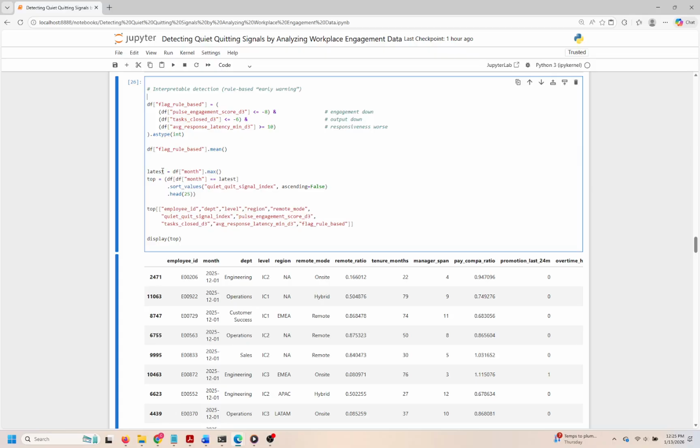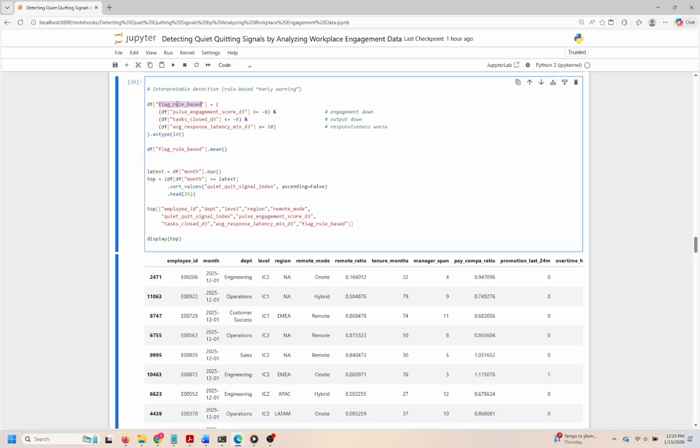Cell 8. In this cell, we're setting up a rule-based system to flag potential early warning signs of employee disengagement, which is vital for organizations aiming to maintain a healthy workplace culture. By analyzing specific engagement metrics, we can effectively identify individuals who may be at risk of reducing their effort at work, allowing for timely interventions.